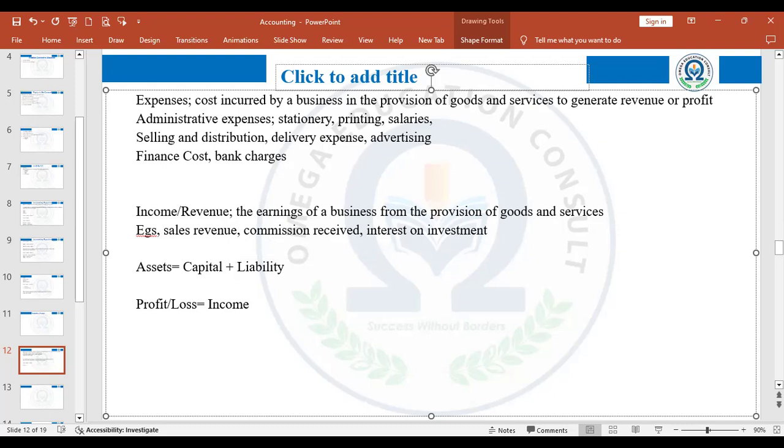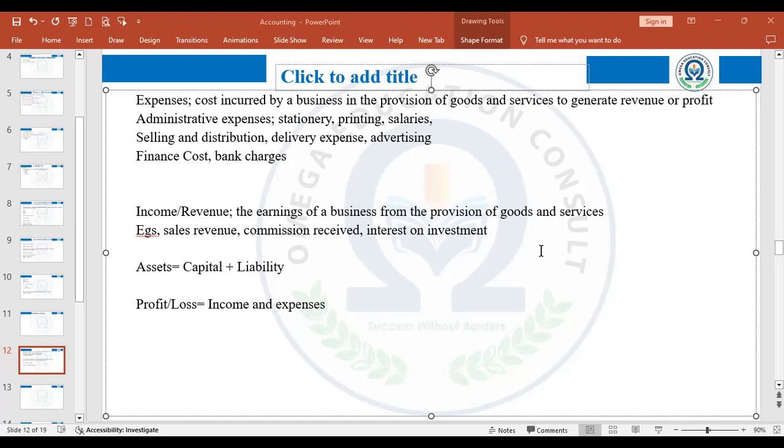Now, professors, if you make a profit in your business, that profit would increase your capital. But if you make losses, it is going to decrease your capital. So you appreciate when people say, oh, I started a business, but all my money is gone, or all the money I invested in my business is gone. Why?